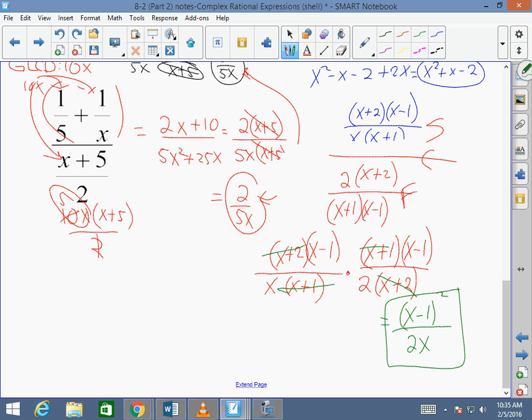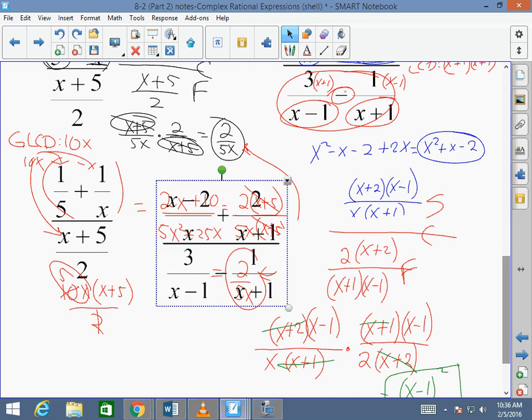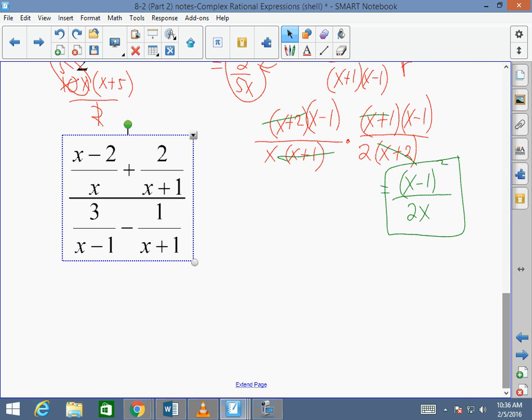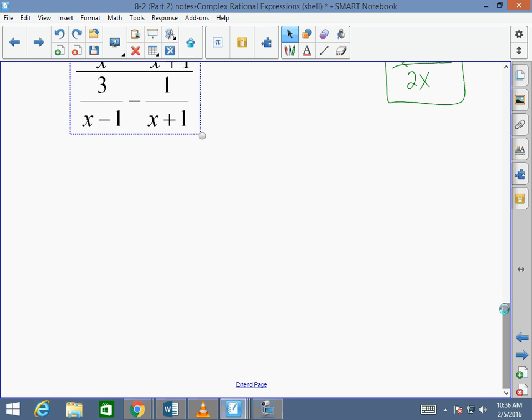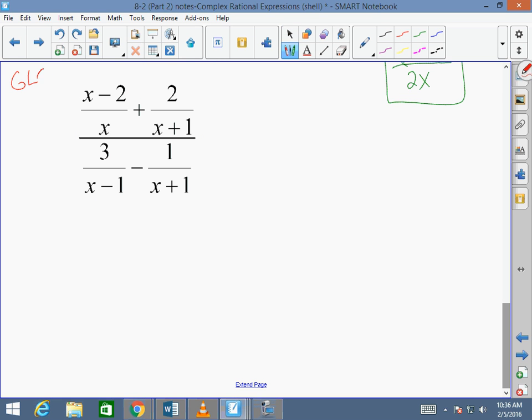Now, let's see how that works with method 2. Method 2, I'm looking for the grand LCD. So what's my grand LCD here, guys? Yeah, this is a tough one.